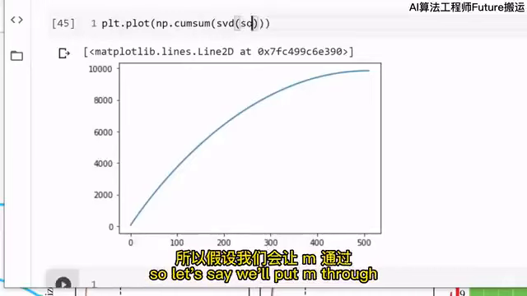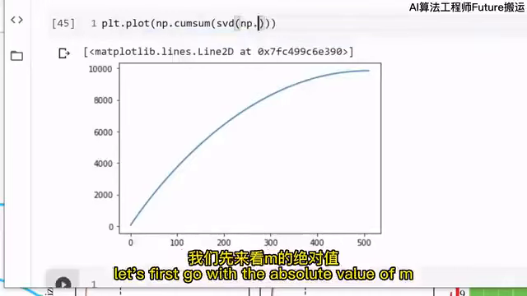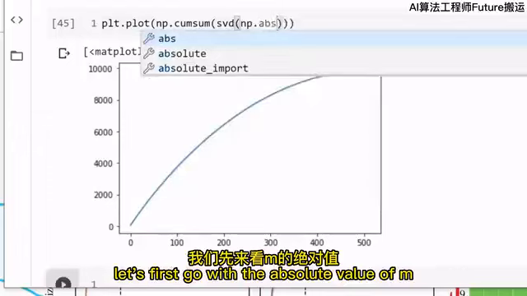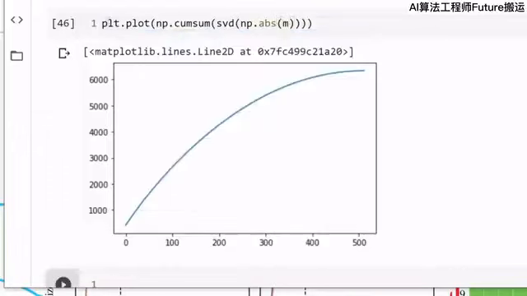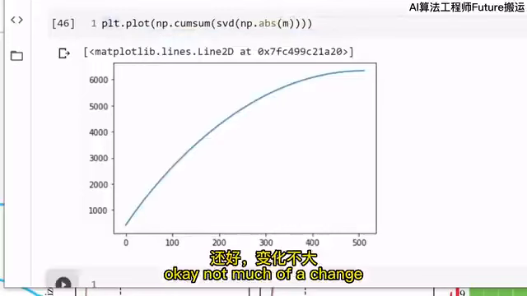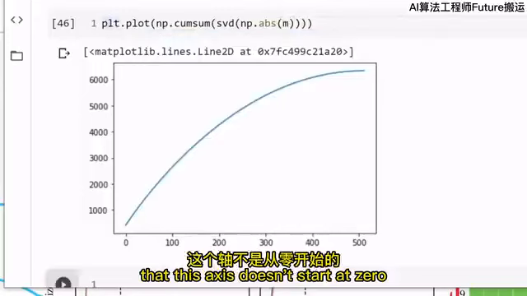So maybe we can replicate this right here. Let's first go with the absolute value of M. Okay, not much of a change, but you'll already see that this axis doesn't start at 0.